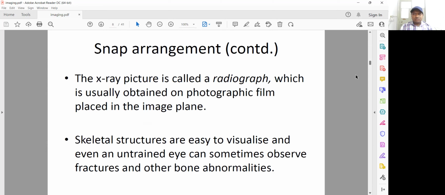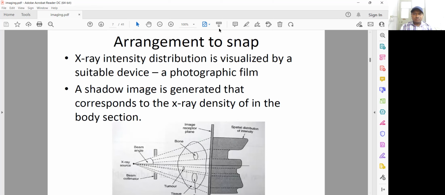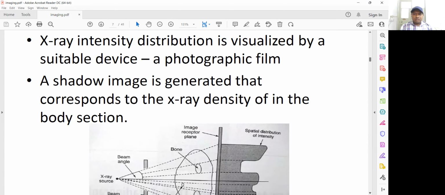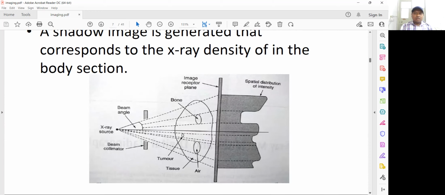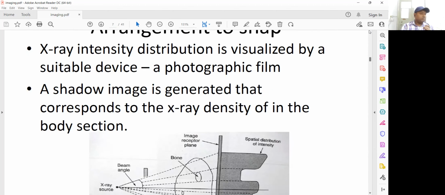So in this particular image, this is the image receptor plane, or you can call this plane the photographic plane.